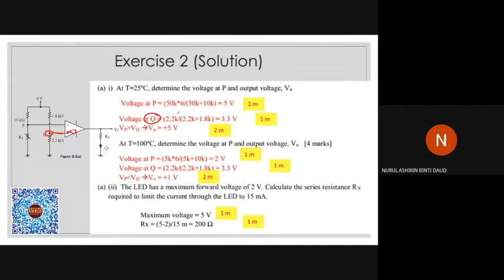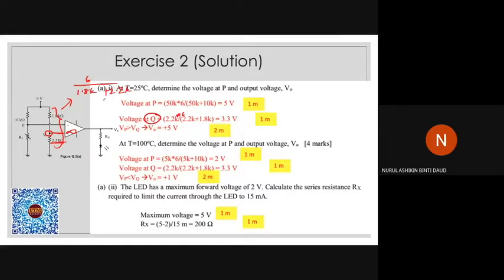Oh, I forgot to multiply by 6. So 2.2 is the value of the resistor at this point. And then the value of current at this point is 6 divided by 1.8 kilo ohm plus 2.2 kilo ohm.